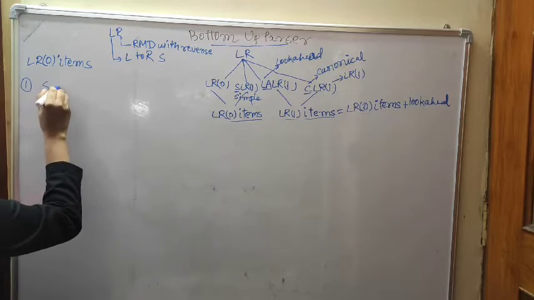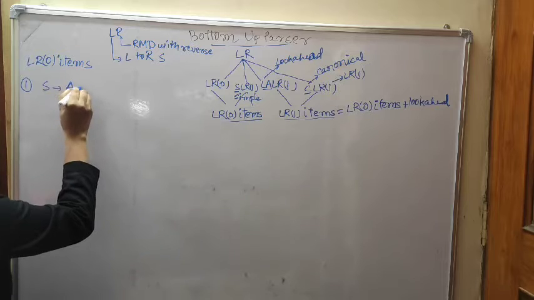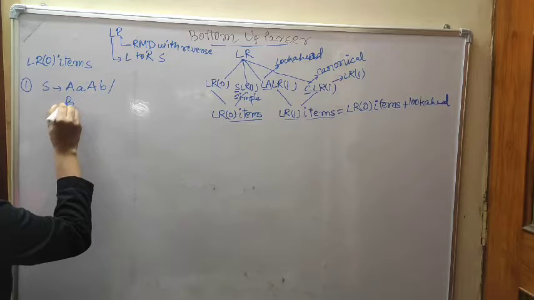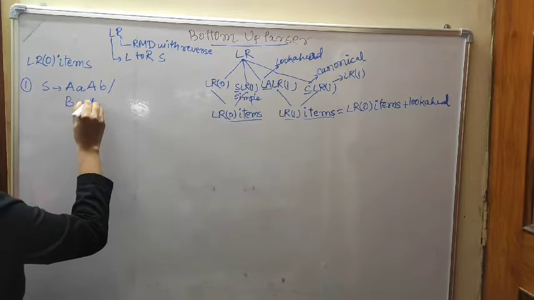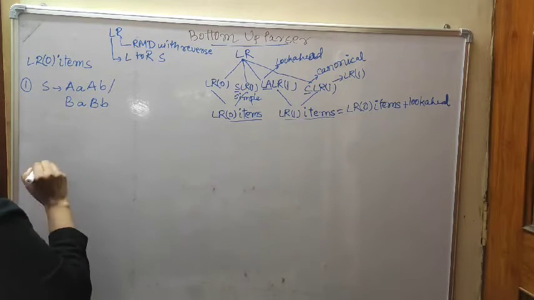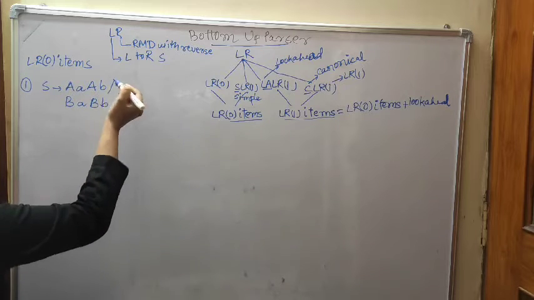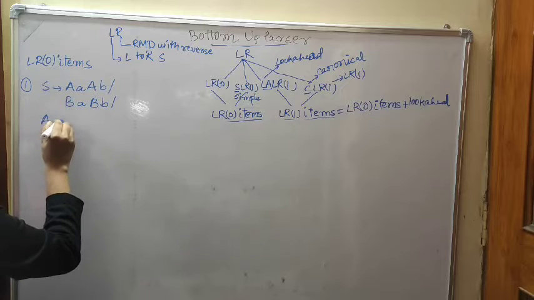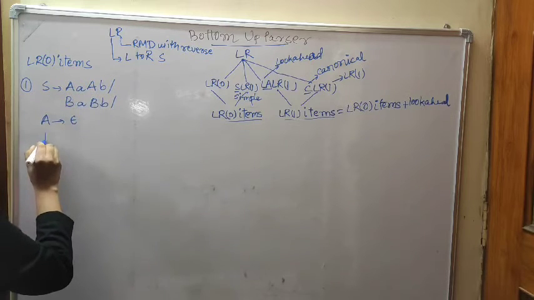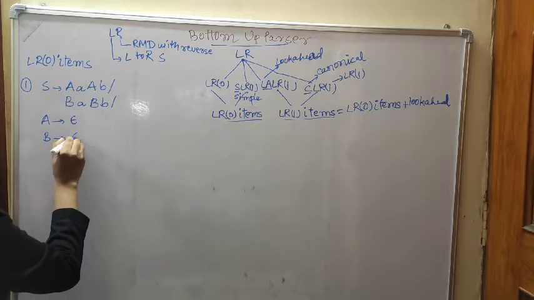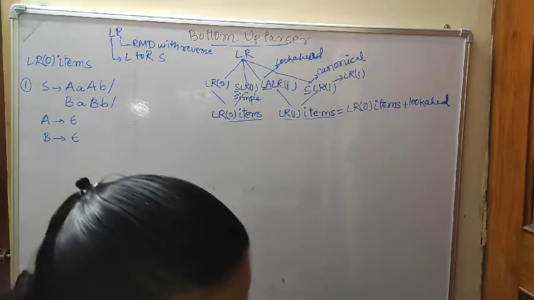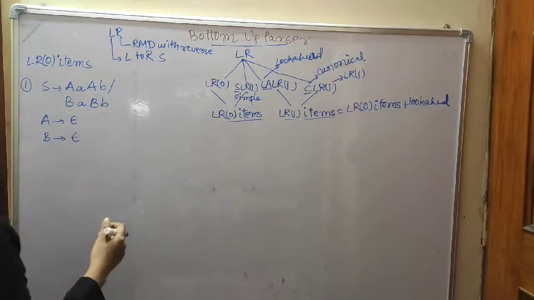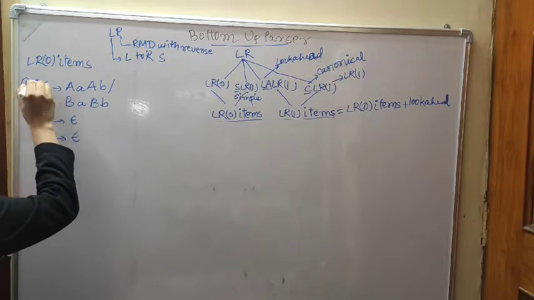Suppose S goes to AB or BB. Then A goes to epsilon, B goes to epsilon. This is the actual production rule.